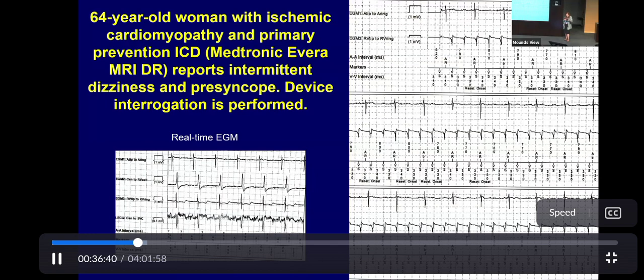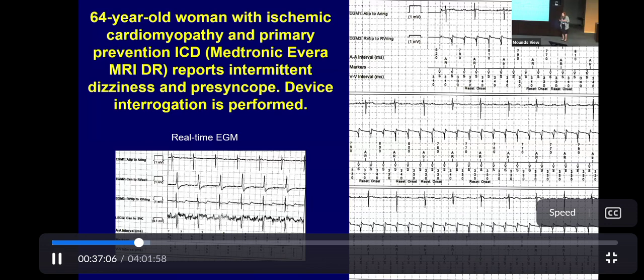So you could see on the left, you have the real-time electrogram, your atrial electrogram, and then you have the far-field electrogram, and then the tip to ring is the third one down, and then you have the more distal far field, the CAN to SVC electrode. And then on the right, what do you all think the right hand strip is? If you just look at it, this is after the fact, right?